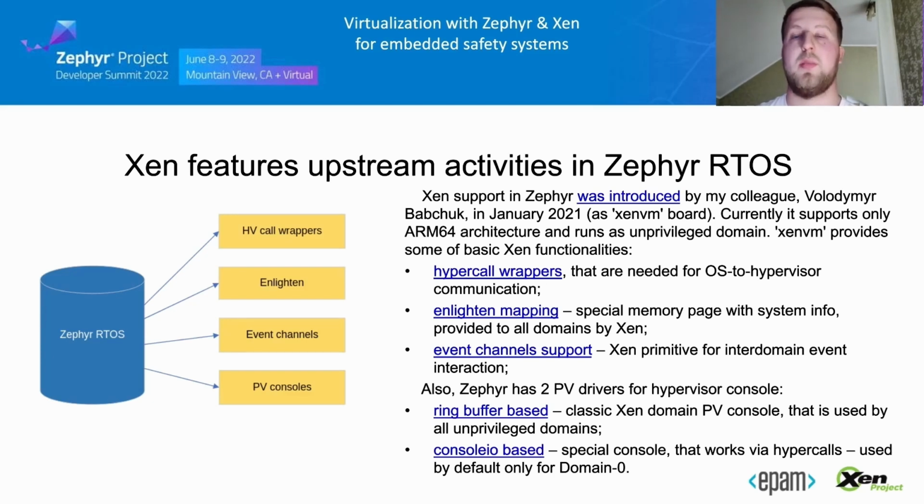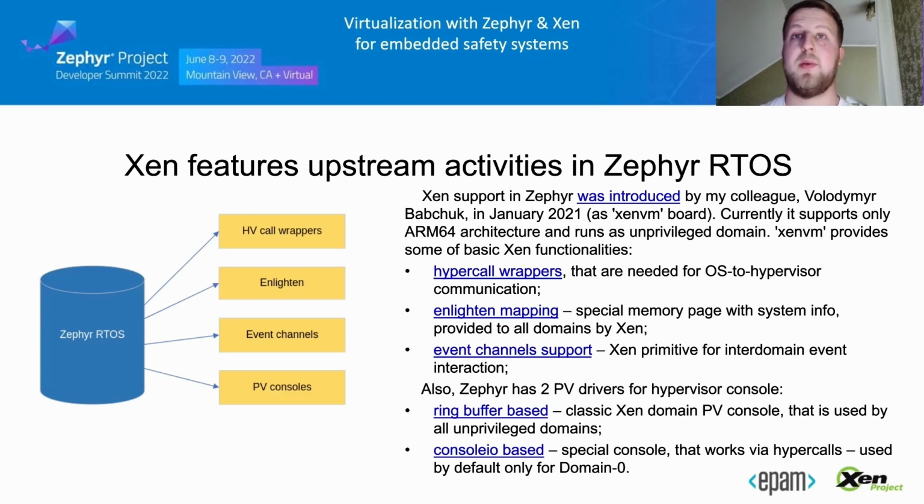That was cool, but it was not enough. We wanted to make Zephyr fully paravirtualized, so we started to develop Xen PV drivers. I implemented some set of base Xen features. First, hypercall wrappers. It is the interface that allows Zephyr to interact with the hypervisor via special assembler instructions.